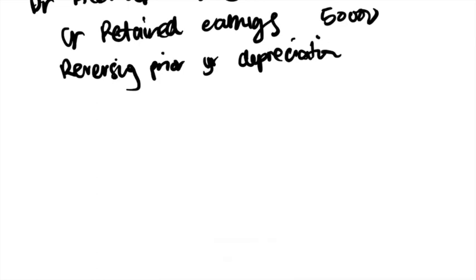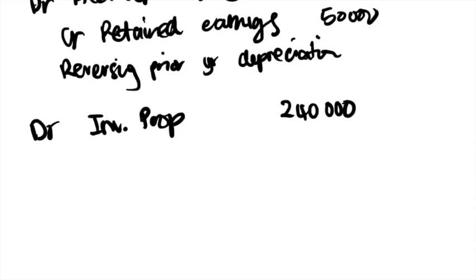So we're going to debit our investment property with 240,000, and we're going to credit. We can't credit our fair value gains because those fair value gains would have had to be recognized in the prior year and would have been closed off to our retained earnings.